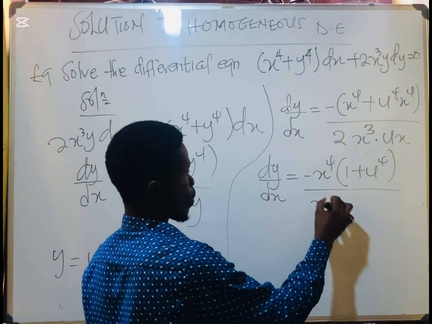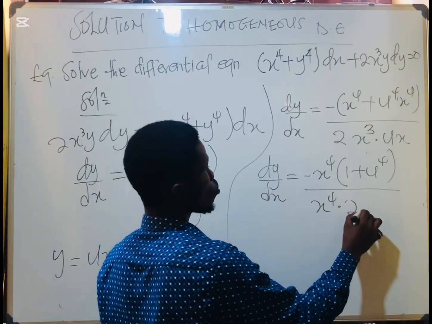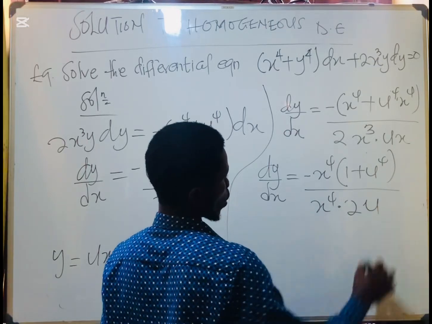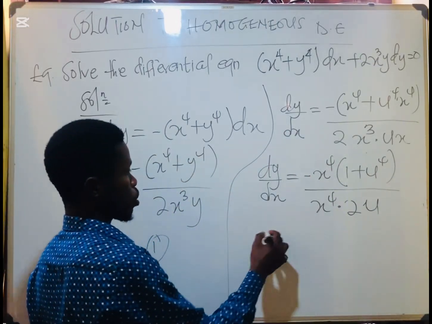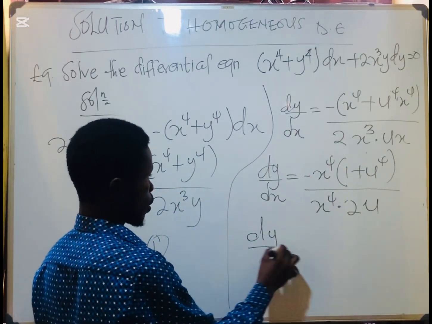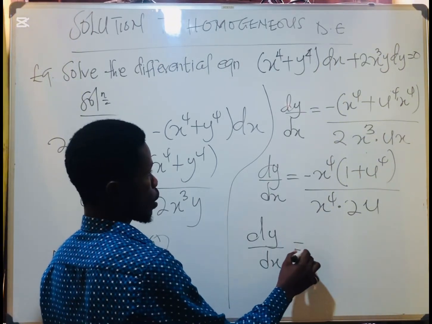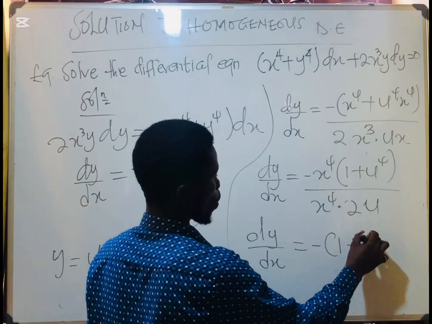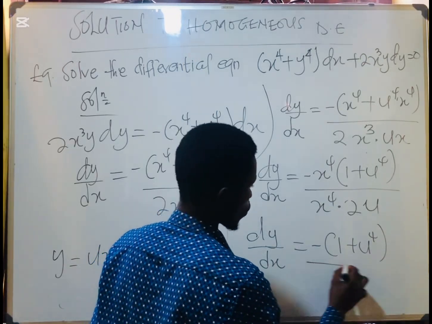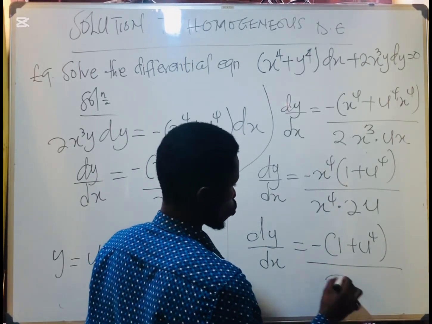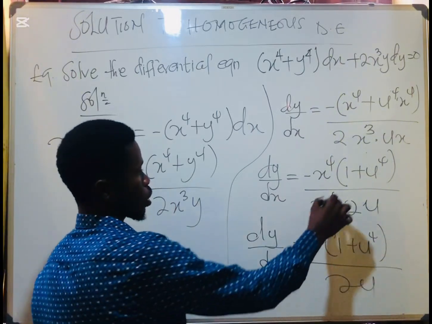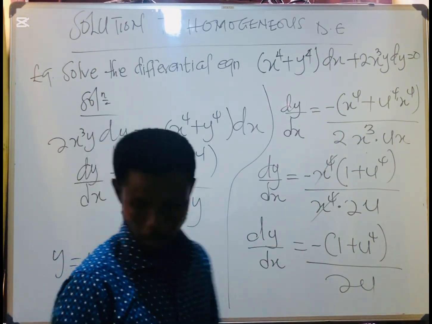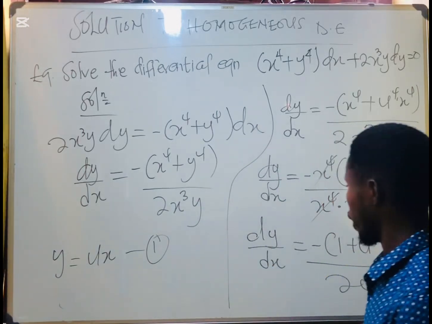So I can also bring that out, leaving 2u. This and that will cancel. So when that cancels, we have dy/dx = −(1 + u⁴) all divided by 2u.